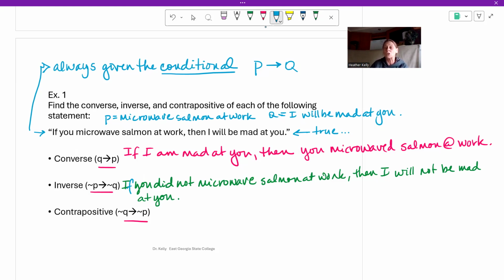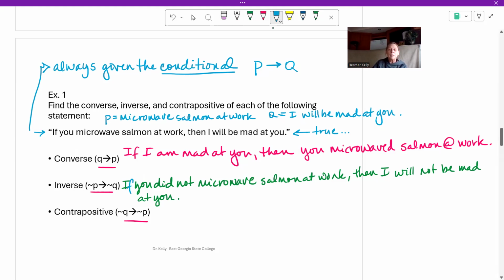Again, by the same logic, I could be mad at you for another reason, right? You might have stole a pencil off my desk. You might have won a big contract that I'd been working on. Who knows? Okay. So you can see that those two are not the same as this first statement.